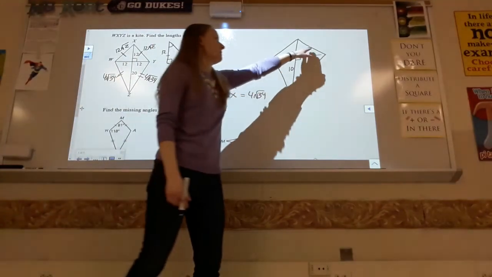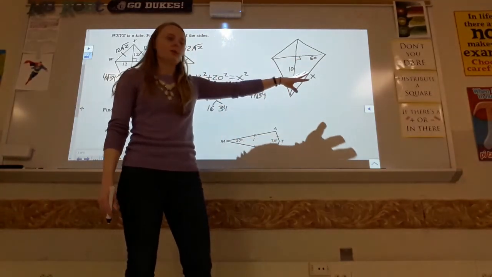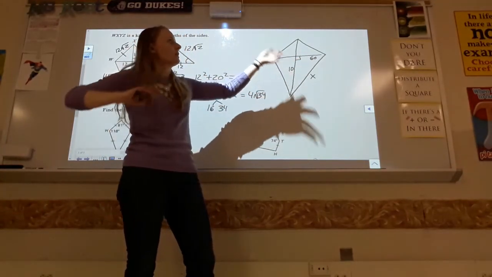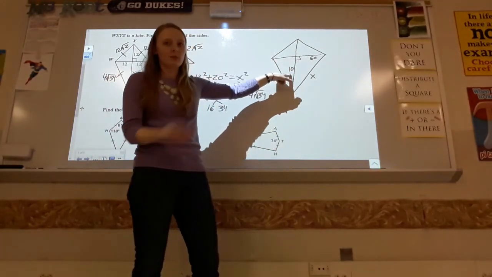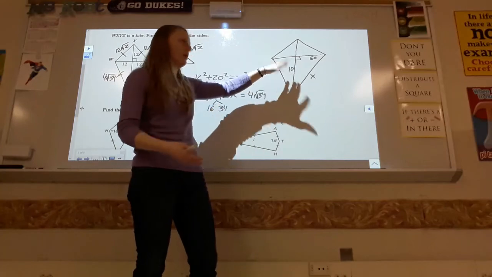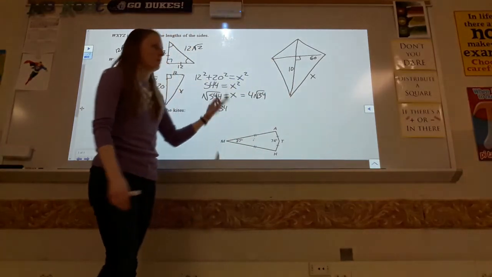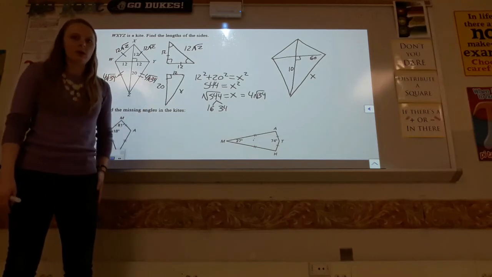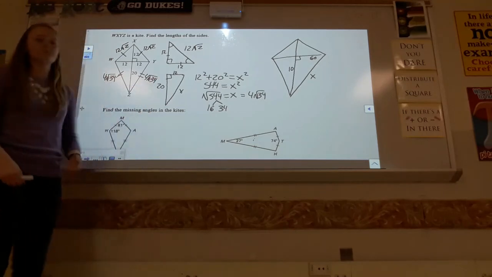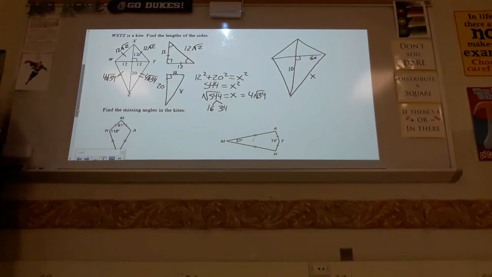You need two sides in order to do Pythagorean theorem to find the third. So this is really where you're forced to use the 30, 60, 90 because this is the side opposite the 60-degree angle, so you have to use that rule. So just remember that that's always a possibility, but Pythagorean theorem can also work as long as you have the correct amount of information.